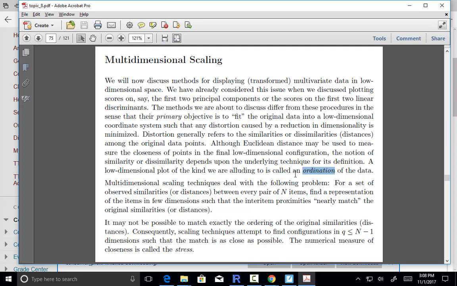So in some sense, multidimensional scaling is a hybrid or an in-between of PCA and clustering. PCA is all about a covariance matrix or a correlation matrix and decomposing it. Clustering is all about distances, who's closest to who. Multidimensional scaling is like ordination.